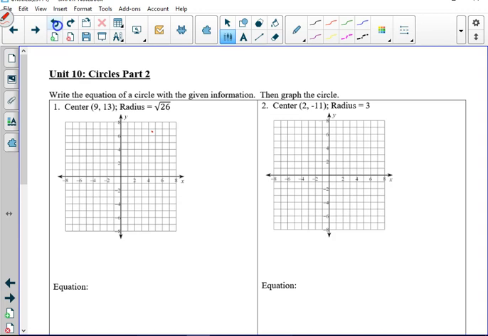Now, the radius is the square root of 26, which is approximately 5.04, so just a little bit more than 5. So I'm going to go over 2, 4, just a little bit past 5. Oops, too far.